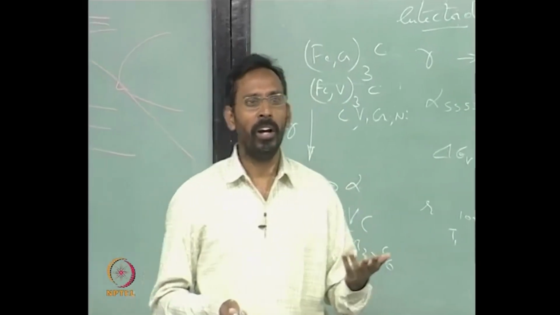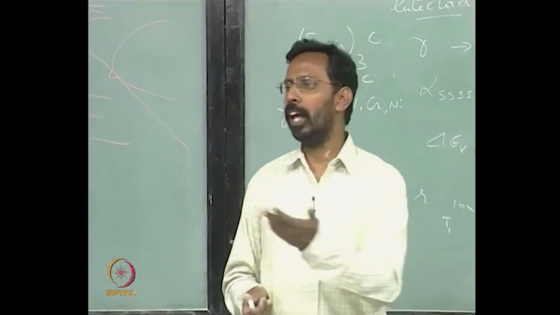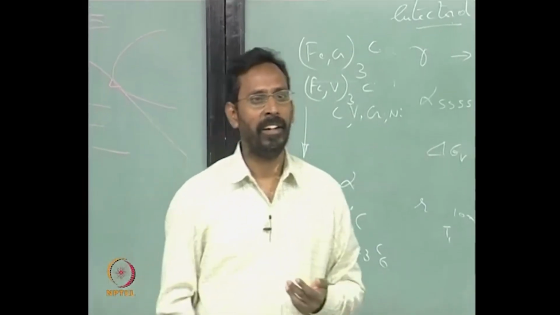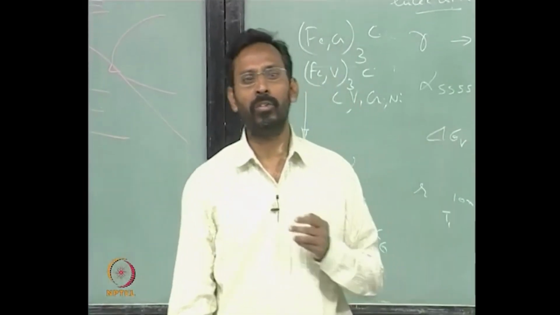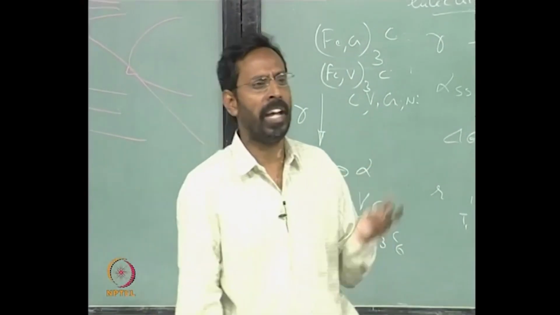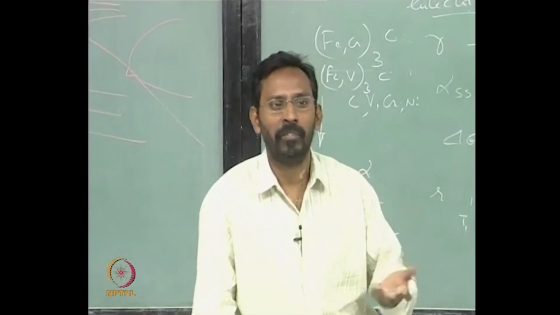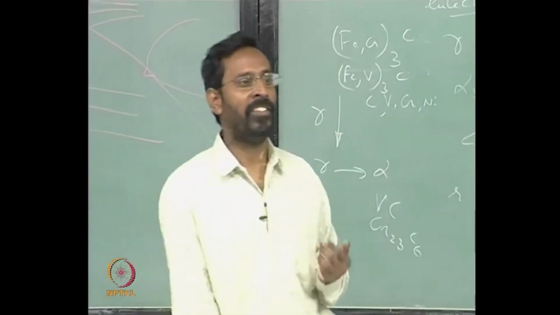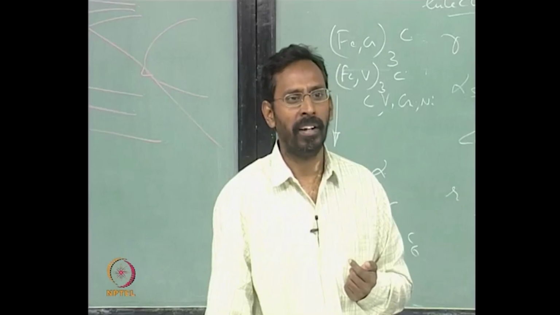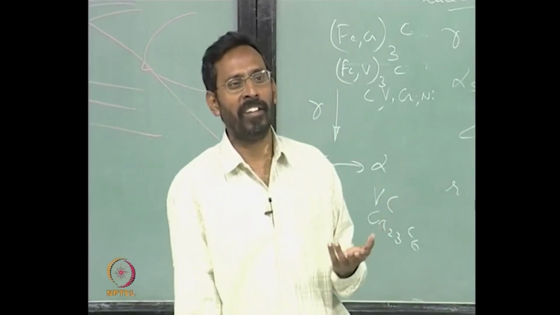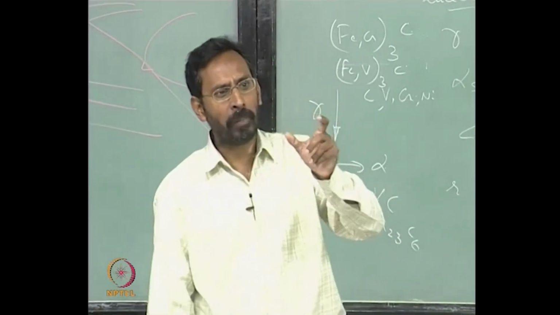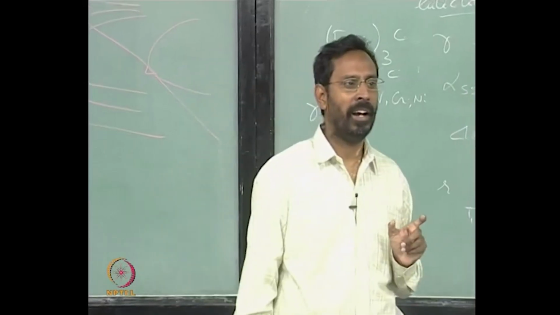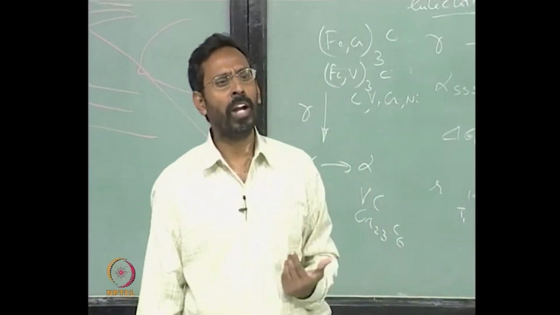A very good example is lead. Lead is deliberately added to steels for many years. For what? For machinability. Free cutting steels we call them. We know pretty well that it does not dissolve. So the concept of immiscibility is used to our own advantage.